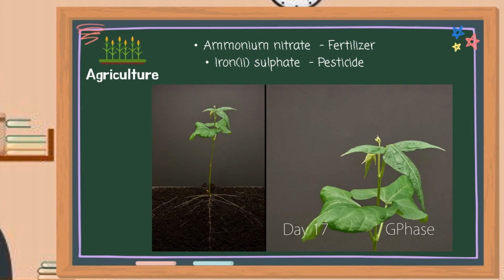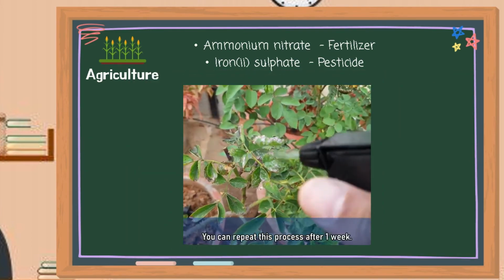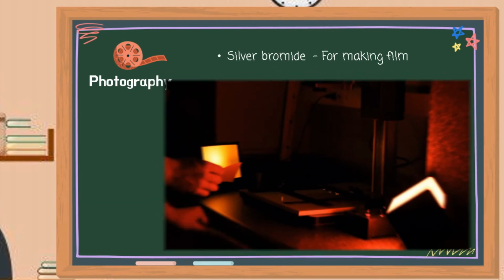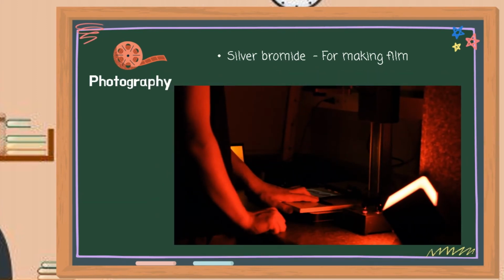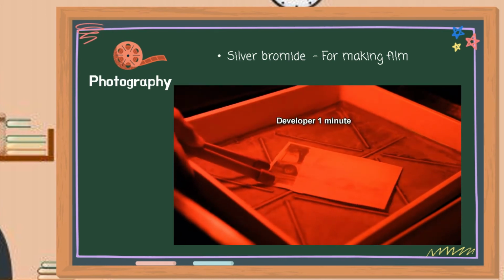In agriculture, we use ammonium nitrate as a fertilizer and iron sulfate as a pesticide. In photography, silver bromide is used for making film.